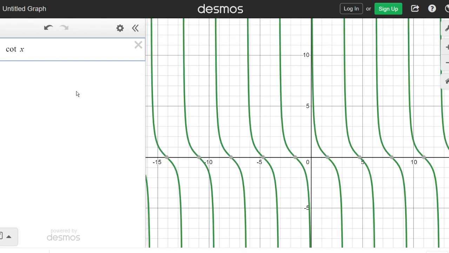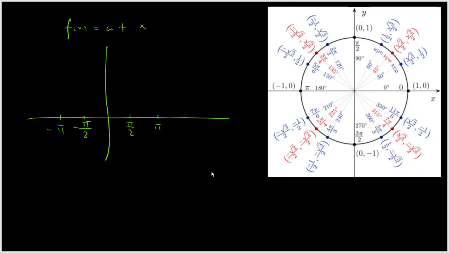Cotangent of x is something like that. You look at one branch. One branch is in between 0 and pi. Okay. I will show you one branch. I will show you two branches.